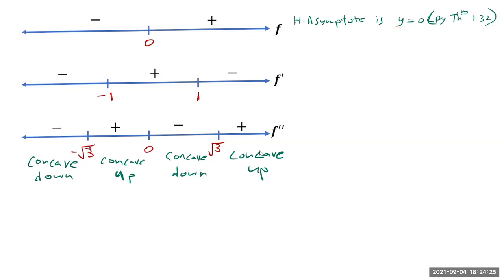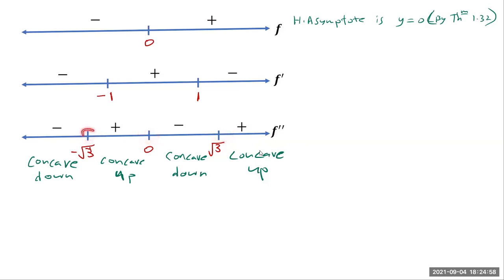And also notice, if you look at the sign chart for f double prime of x, f double prime is negative in this region. That means your function is concave down in that region. Here f double prime is positive. That means your function is concave up. Okay, and also at these points, notice that your f double prime changes the sign.